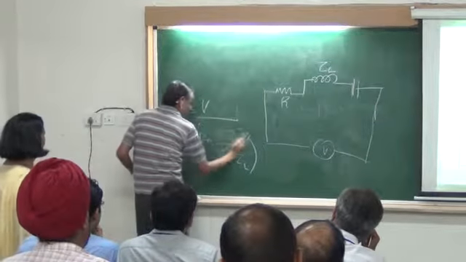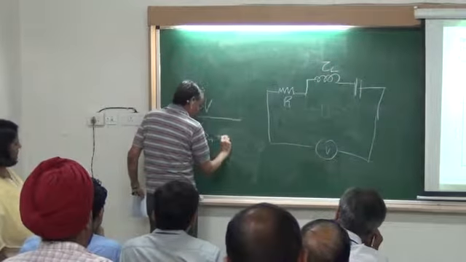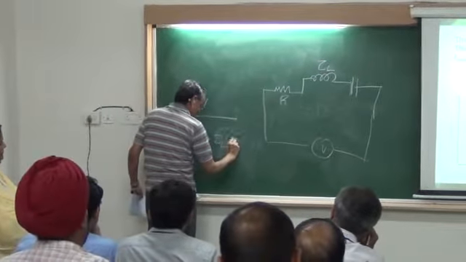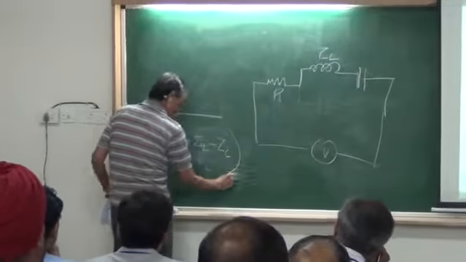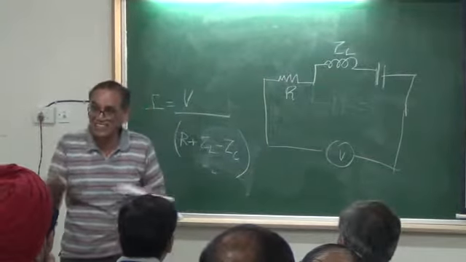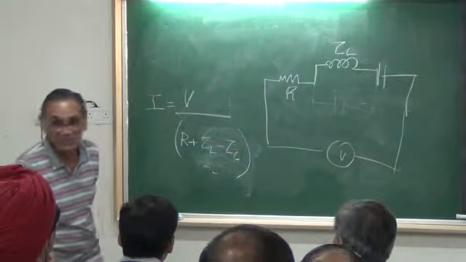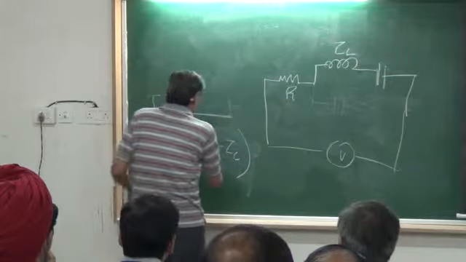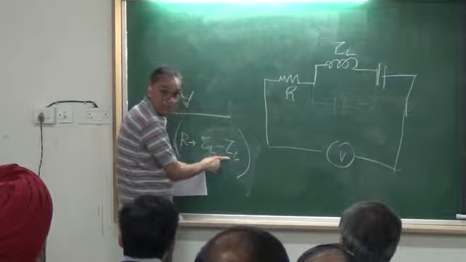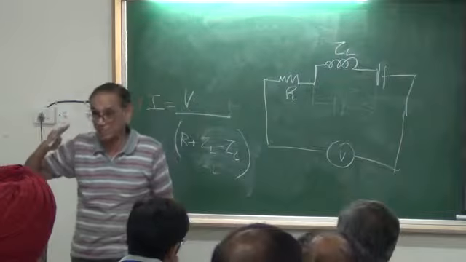In series resonance, the current is V by R plus ZL minus ZC, where ZC is 1 by j omega C, which I write as minus j by omega C. So at resonance ZL will be equal to ZC, and your current will be maximum.